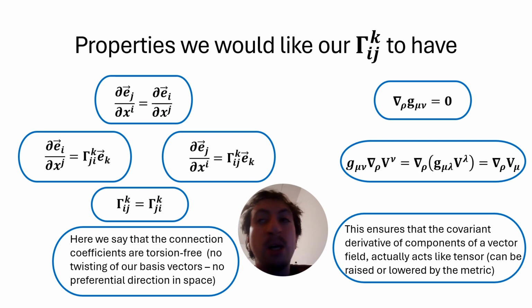And by unique, I mean if we have a metric for a manifold, we will get only a single set of solutions for our connection coefficients. And the connection coefficients in this case are called Christoffel symbols. And in the next part of the video, to finish up, we'll be deriving that beautiful equation.